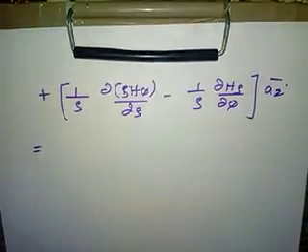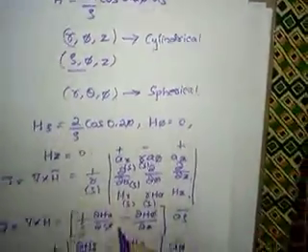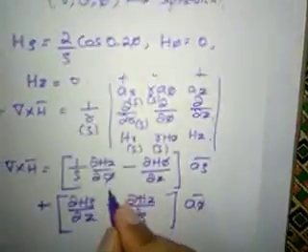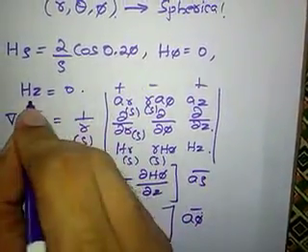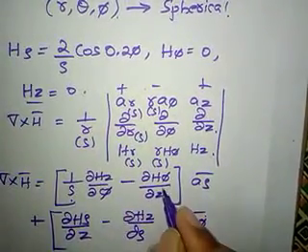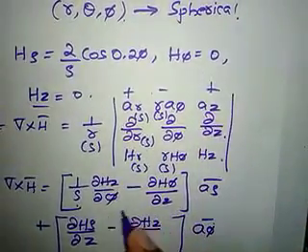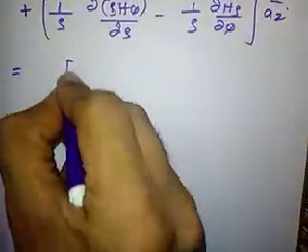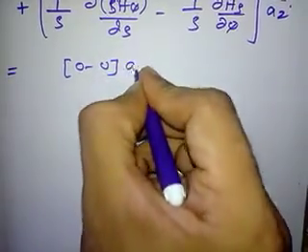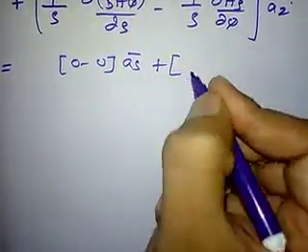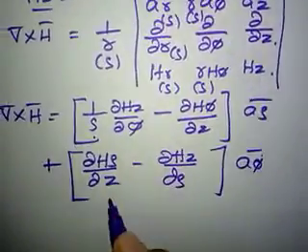Now what we get here: 1 upon rho dou Hz by dou rho, the Hz component is 0, so this will be 0, minus dou H phi by dou z, H phi is also 0, so first term will be 0 minus 0 into a rho bar. Plus, what about dou H rho by dou z?